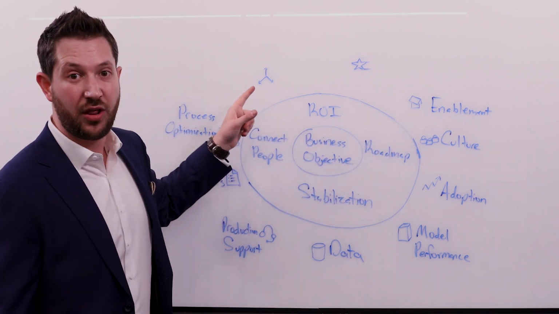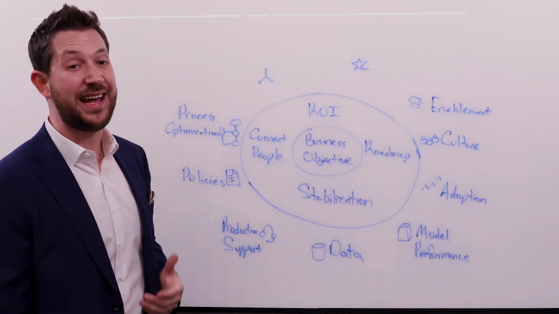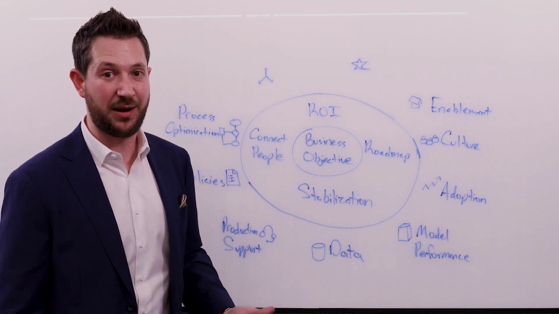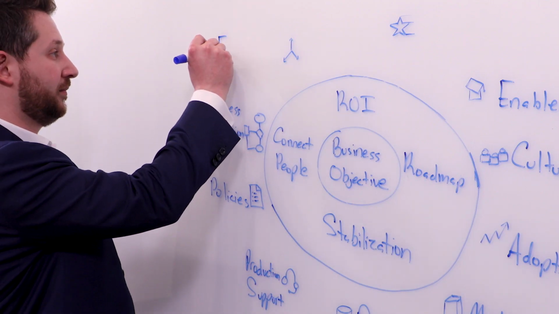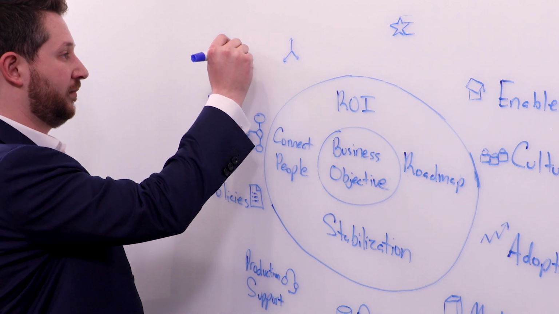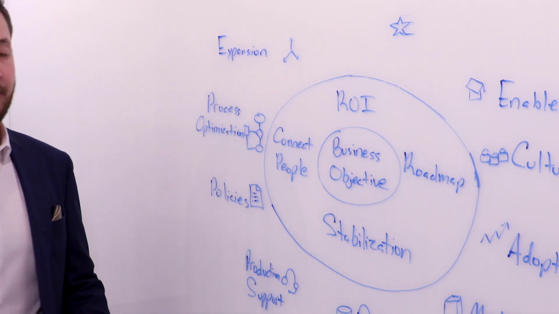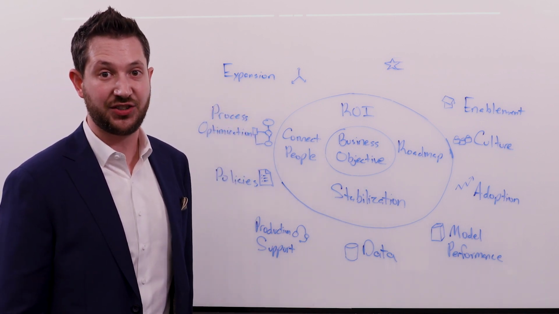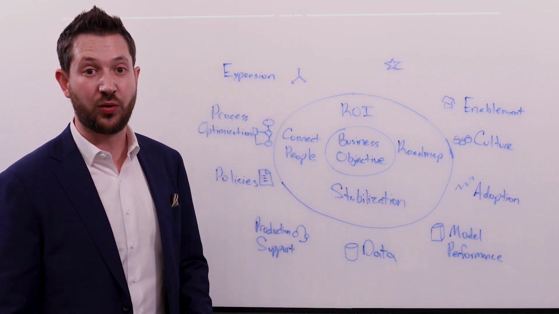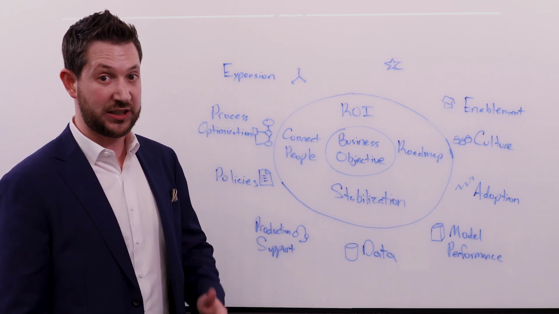After enablement, the next thing that's going to follow is expansion. People want to use Anaplan for more things now that they know how to use it. Expansion is a critical role of an Anaplan Center of Excellence. The COE's job is to remove any barriers to expansion.